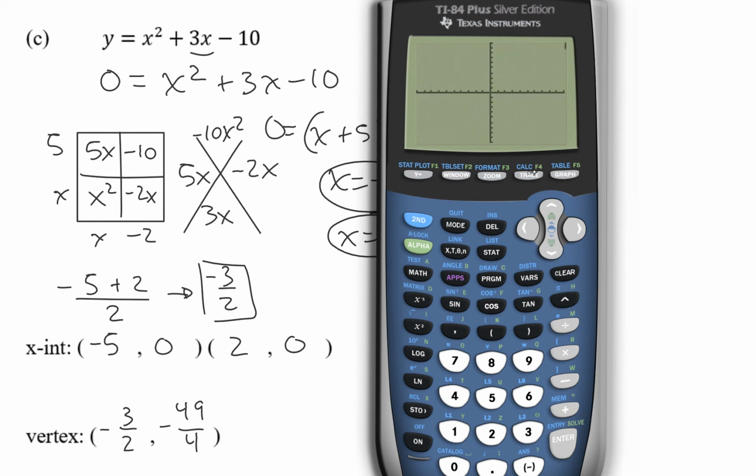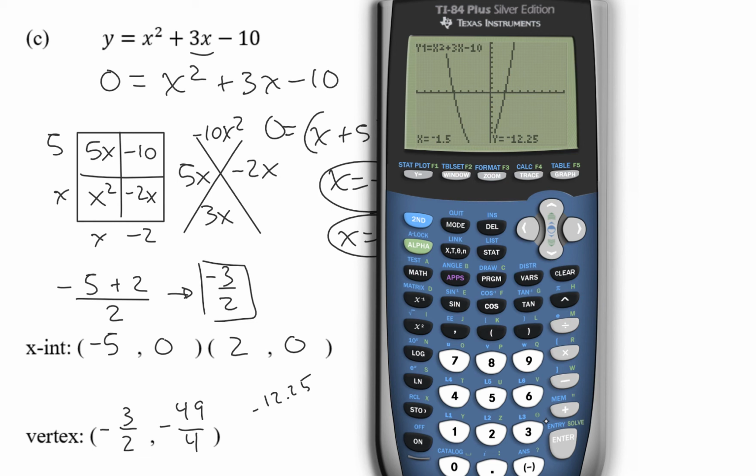Now I'll graph it and hit trace. When I enter negative 5, it should give me a value of 0, and it does. And when I enter 2, it should also give me a value of 0, and it does. And if I enter negative 3 divided by 2, negative 3 halves, it's giving me negative 12.25. Let me write that down, negative 12.25.